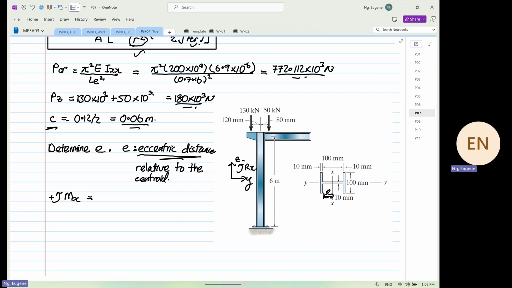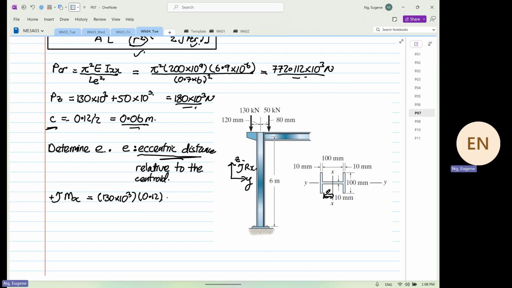So from here, 130 is going anti-clockwise. So 130 times 10 to the power 3, multiplied by a distance of 0.12.